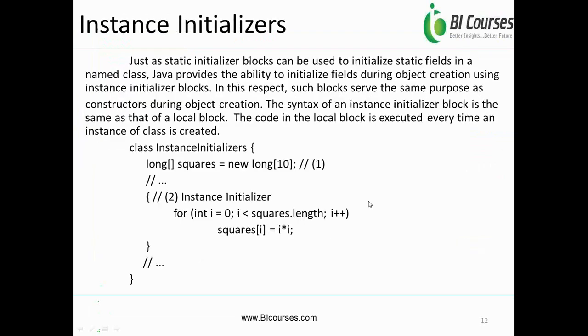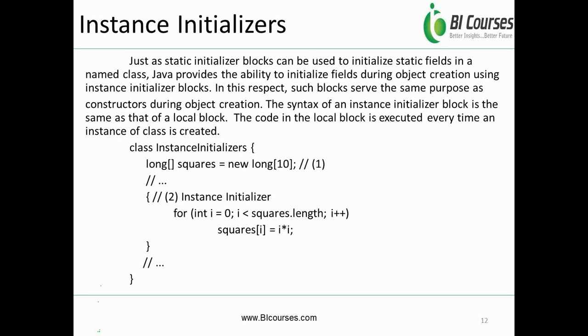Next, instance initializers. Just as static initializer blocks can be used to initialize static fields in a named class, Java provides the ability to initialize fields during object creation using instance initializer blocks. In this respect, such blocks serve the same purpose as a constructor during object creation. The syntax of an instance initializer block is the same as a local block, the way we create local methods.